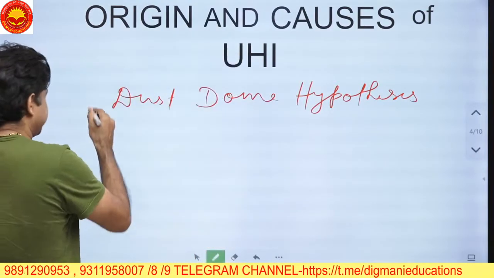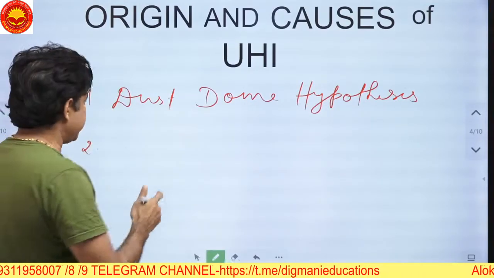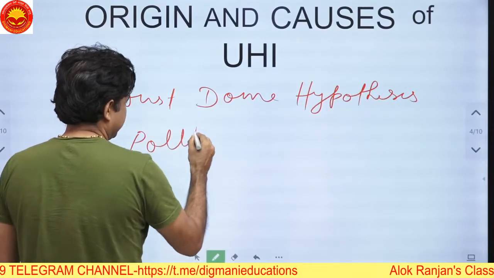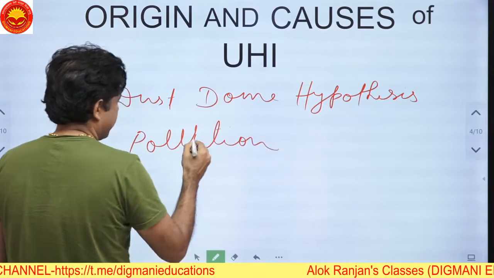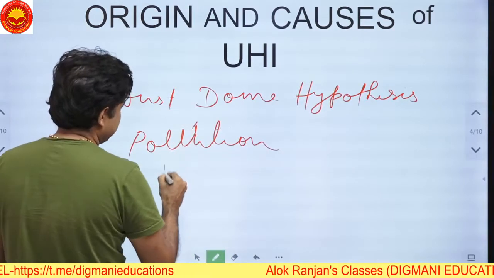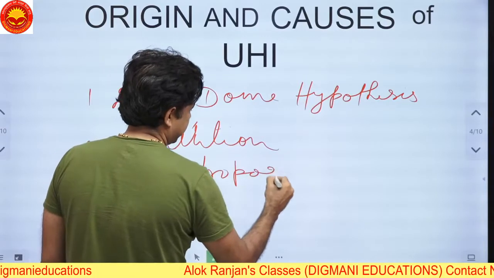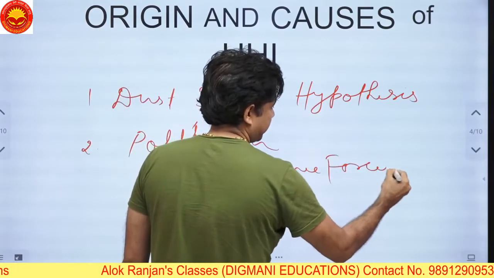Now, after the dust dome hypothesis, you have the second hypothesis, and that is related to pollution. We can call it the pollution theory, or it is also called the anthropogenic forcings.